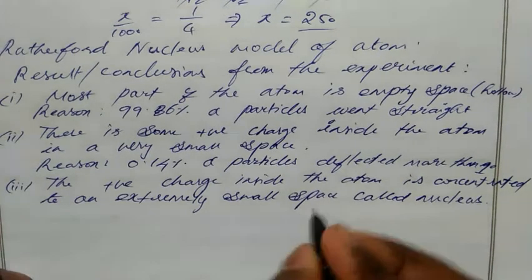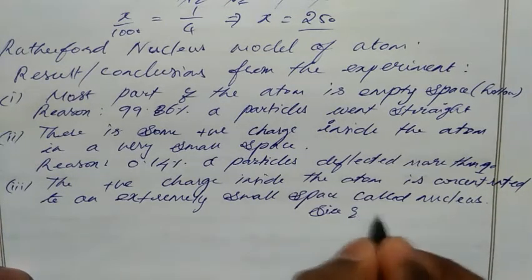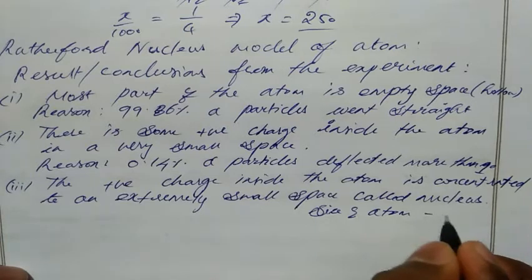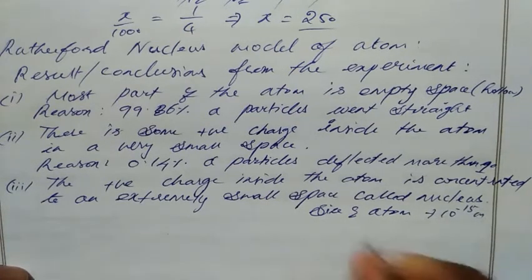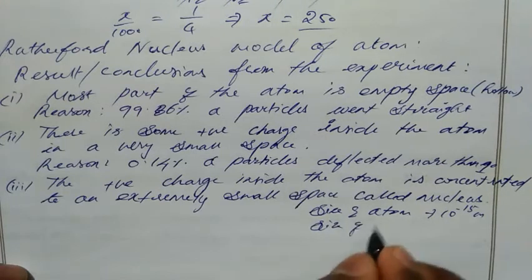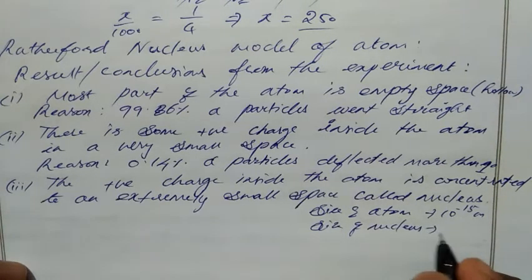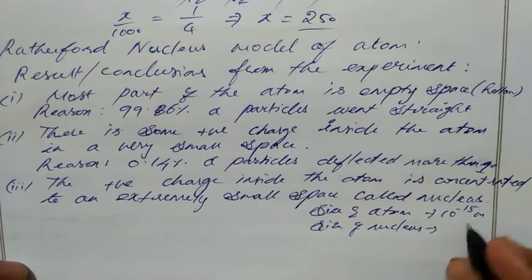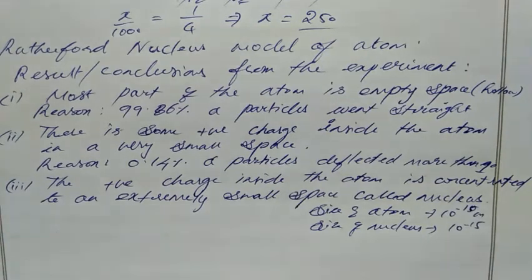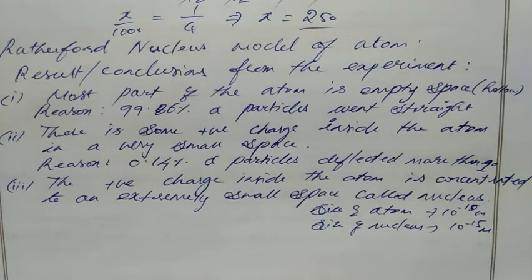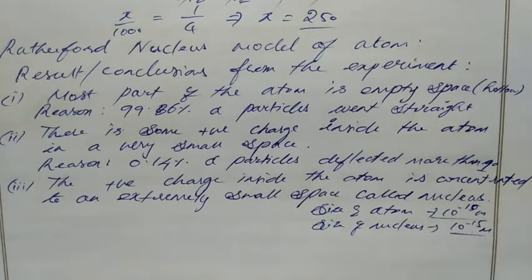If we take the size of atom, then size of nucleus is 10 power minus 15 meter, and size of atom will be 10 power minus 10 meter for normal condition. So inside we have size of nucleus, that is 10 power minus 15 meter. So very small area of nucleus when compared with the size of atom.